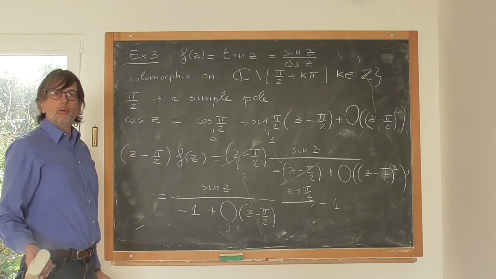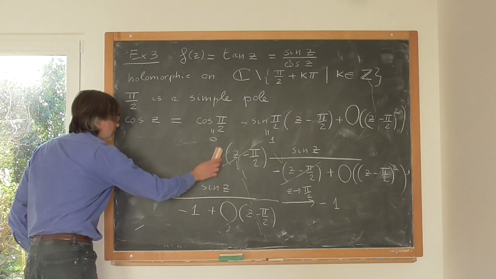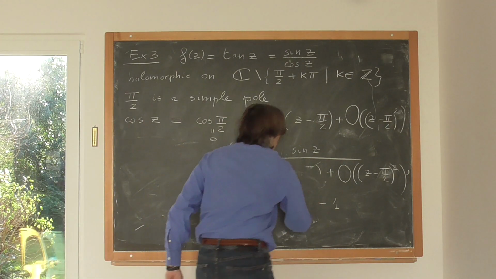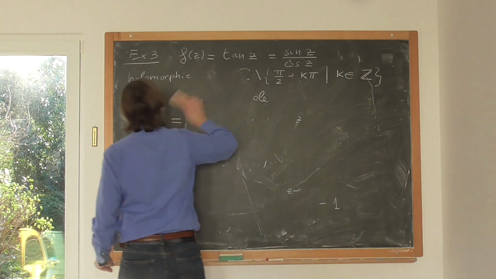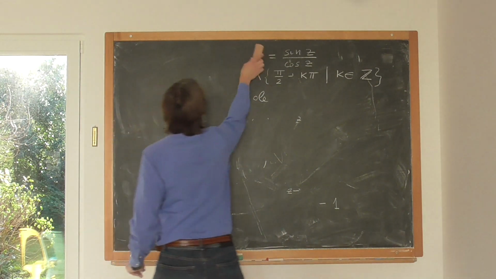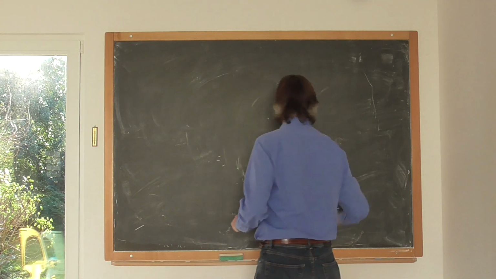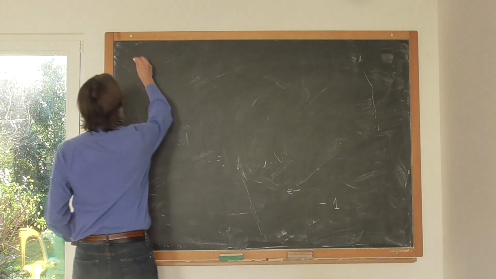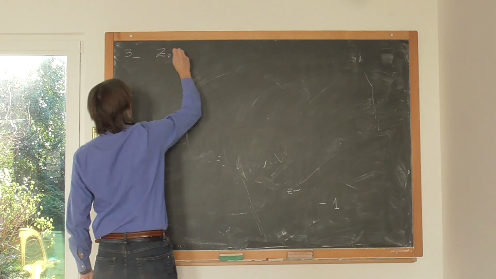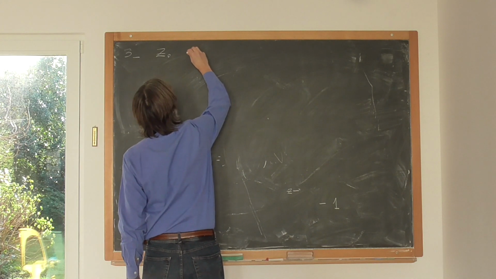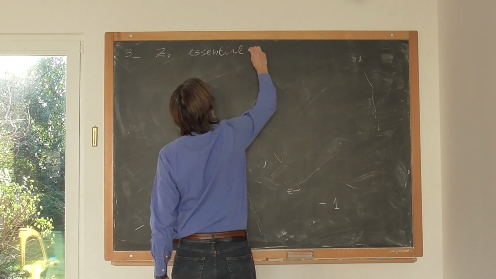Okay. So we have removable singularities, we have poles, and the third and last possibility is called an essential singularity.